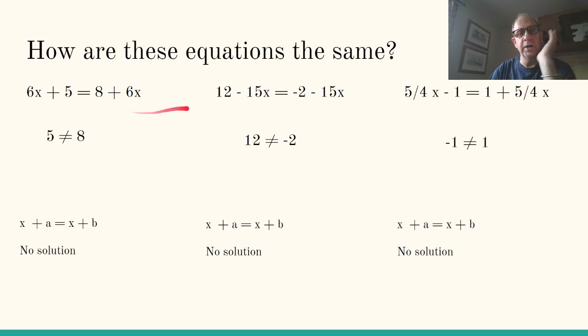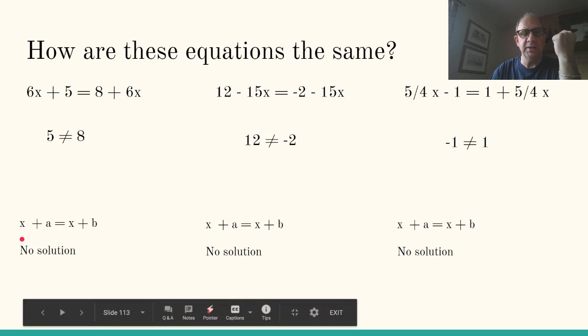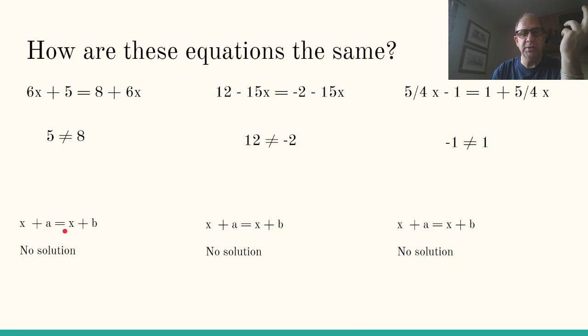The x's are gone. Same thing here. There's minus 15x, minus 15x. 5/4 x plus 5/4 x. So every time when I move the x to the other side, it canceled out. So if I have an x that is the same on both sides, they will cancel each other out. And the number on each side has to be different.